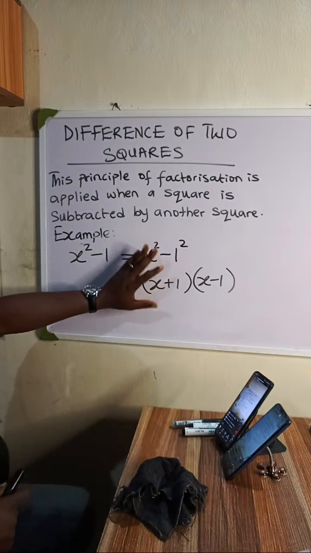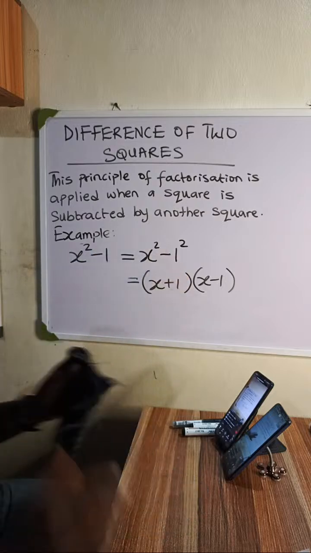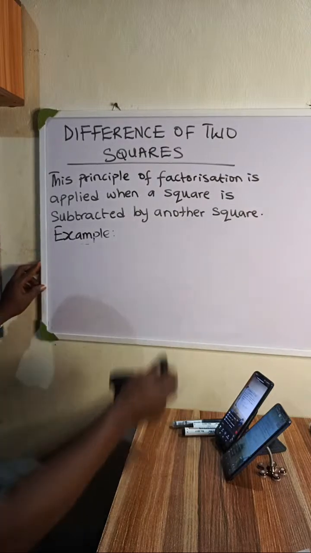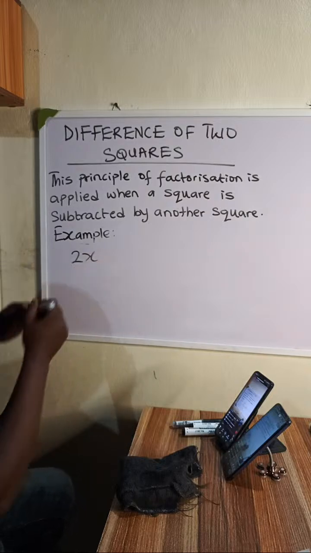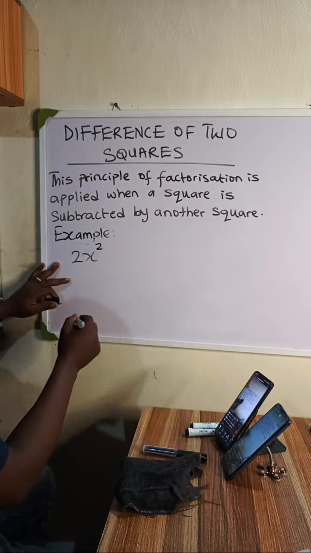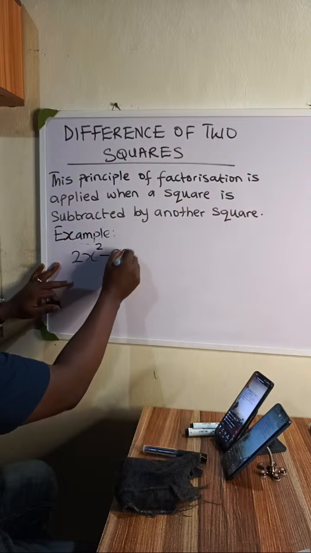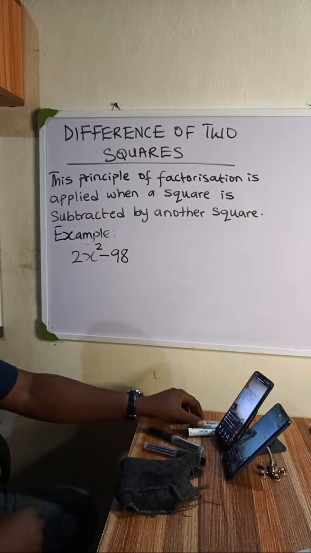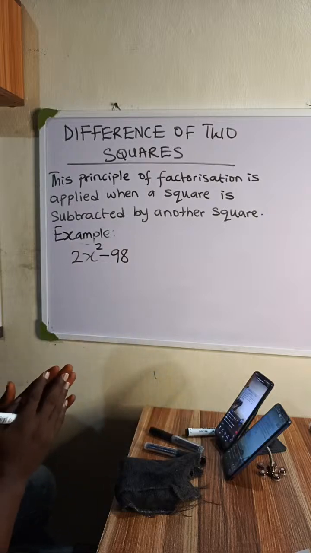So let's continue. We've seen these simple situations. Let's step up a little. Here we have 2x squared minus 98.